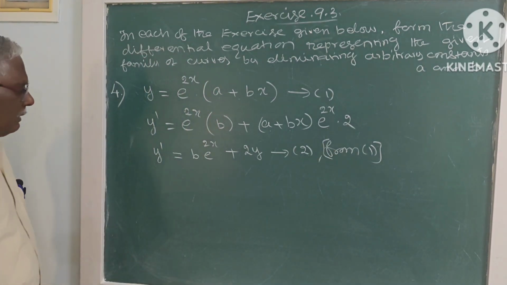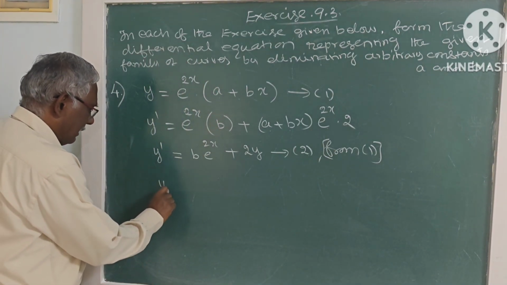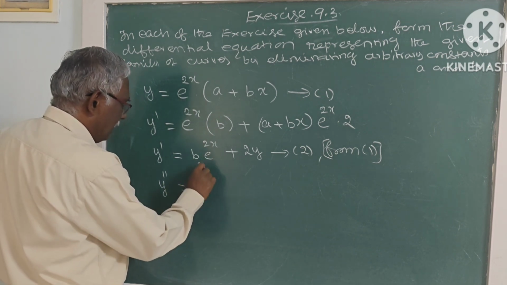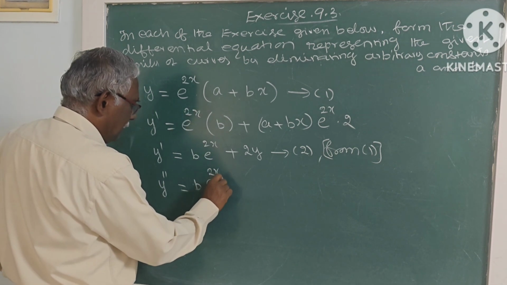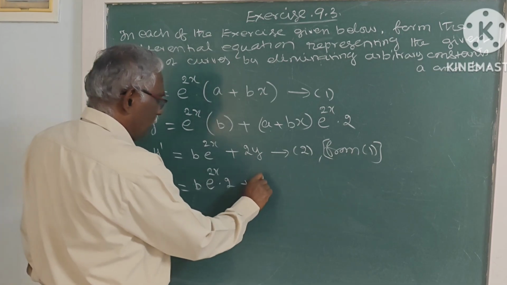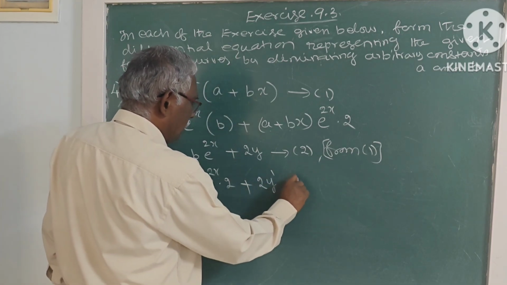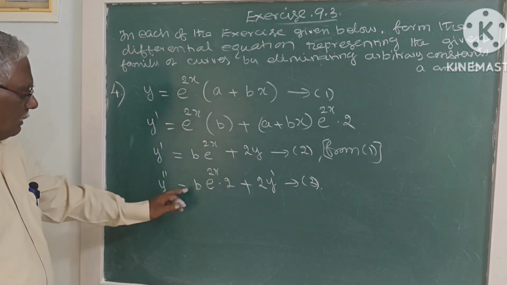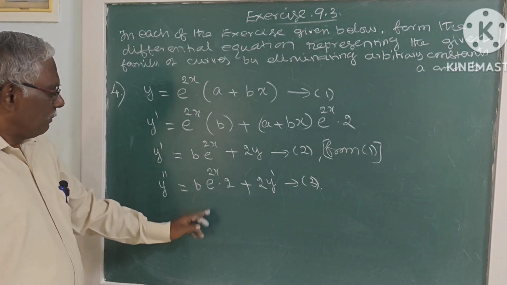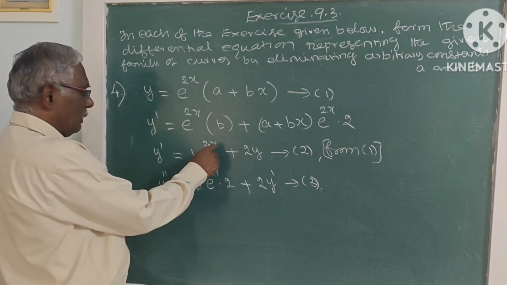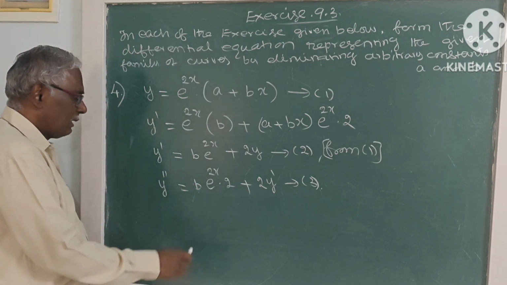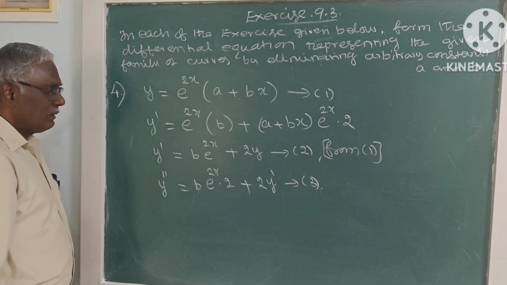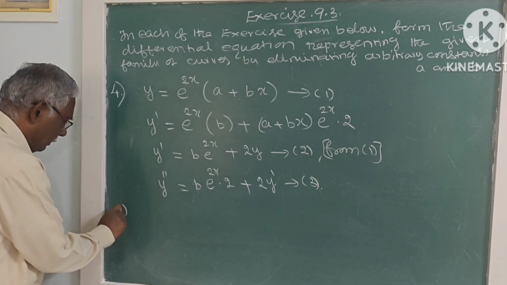Same problem. We'll differentiate this once again. We get y double dash into 2 times b e power 2x plus 2y dash. Now we'll multiply equation 2 by 2 and then we can subtract. Thereby the arbitrary constant b is getting eliminated.